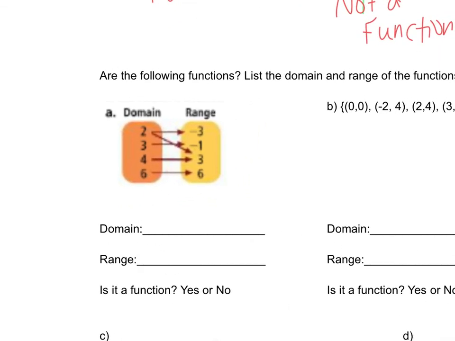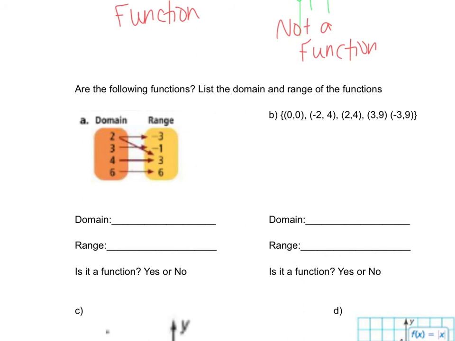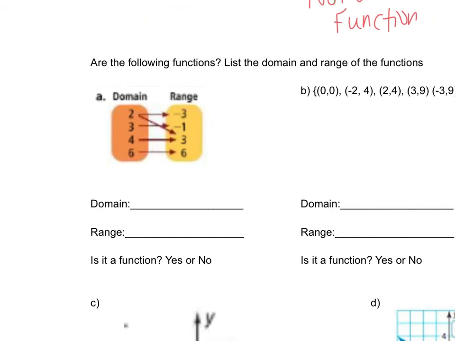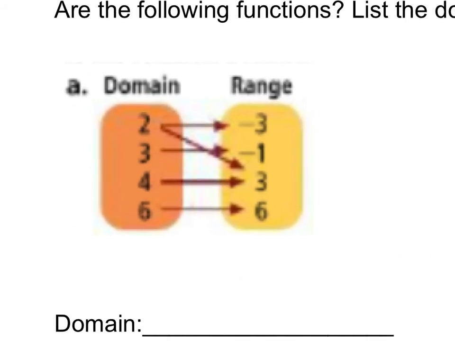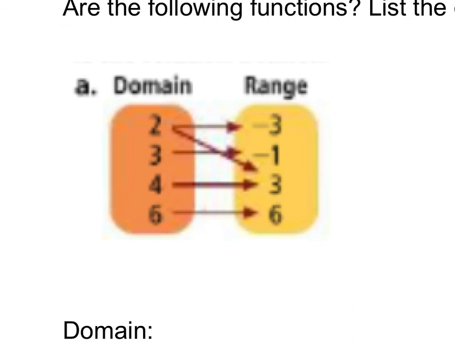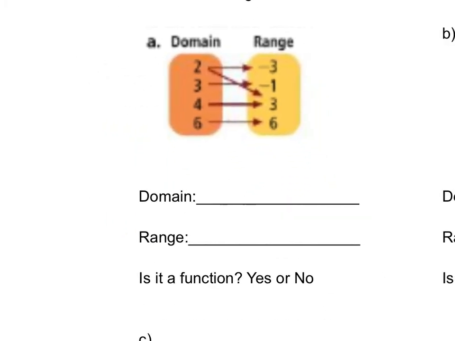Okay, so domain and range. We have to list the domain and range and tell me if it's a function. So this is a mapping diagram, which remember is just a bunch of ordered pairs, so coordinates. So domain is always your x value. I'm not going to write this every time, just this time. So x and y, always domain is x. And it even tells you the domain on this one.